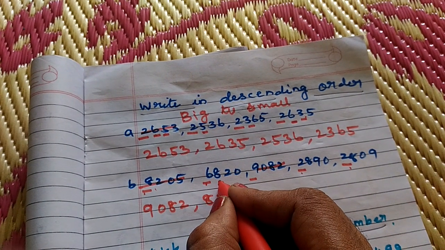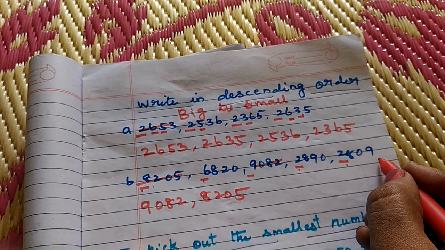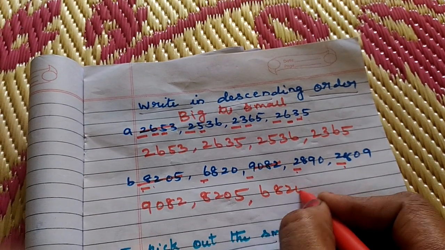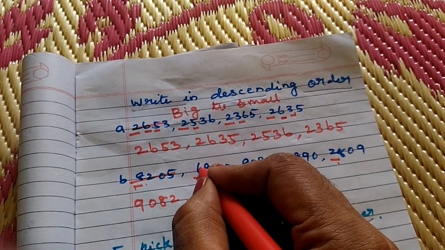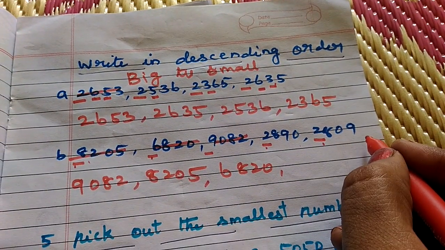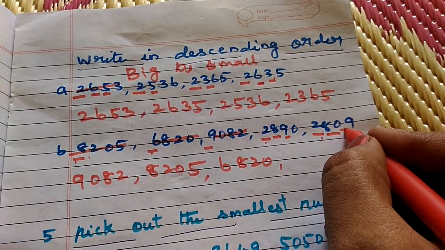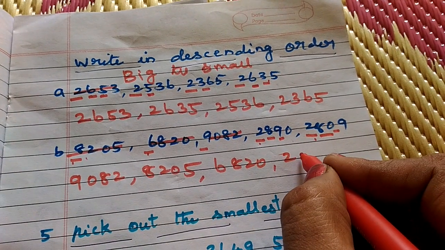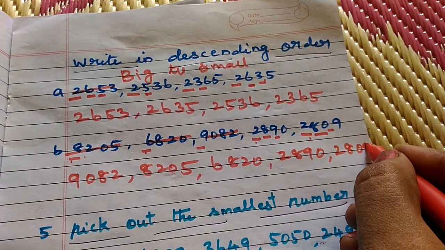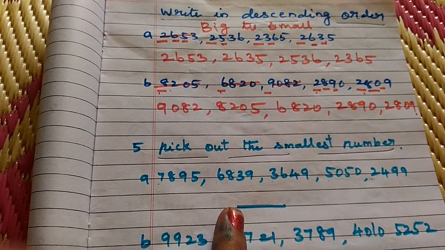Next, 6820. Then 2890 and 2809: the second digits are 8 and 8, the third are 9 and 0, so 2890 is bigger. Last one, 2809.